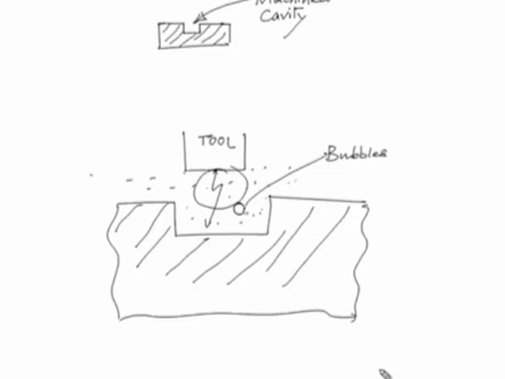Now, because of the flowing fluid, these bubbles will get collapsed momentarily, and this collapsing of these bubbles will create some shock wave or cavitation to be produced here, and because of this cavitation some material from this workpiece will be eroded.